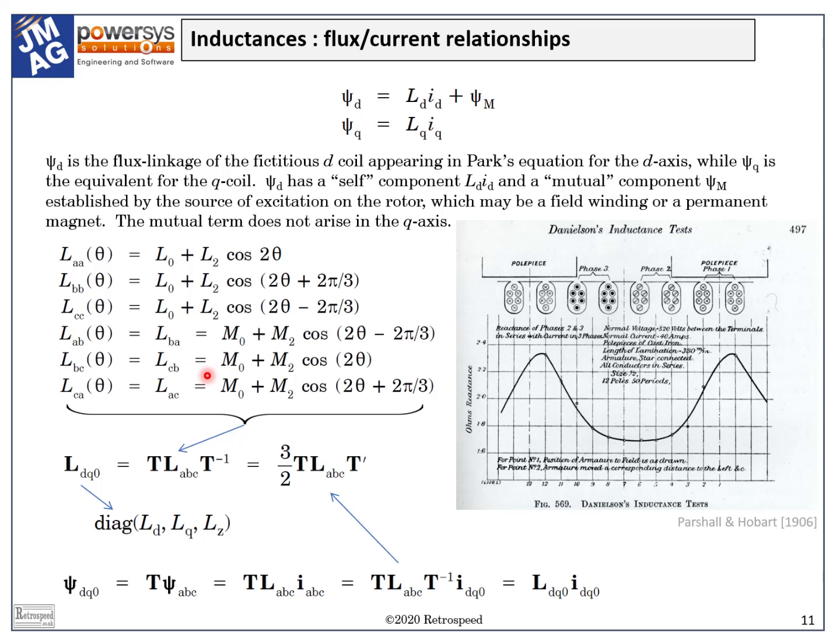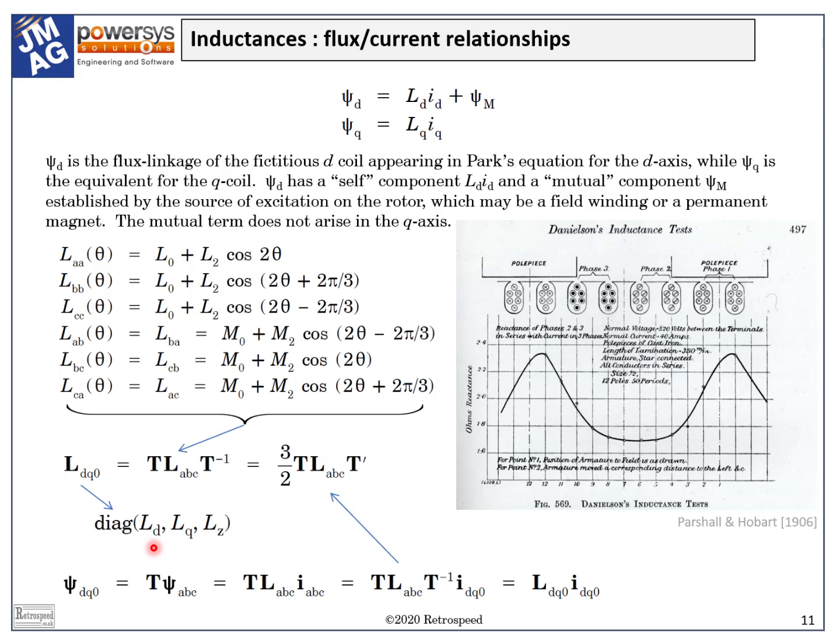In spite of all these limitations, in mathematical language, Park's transform diagonalizes the inductance matrix so that we end up with three inductances, LD, LQ, and LZ, which are nearly independent of each other.